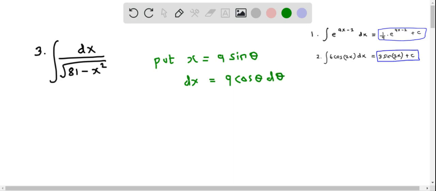And I'm also going to square this equation on both sides. So this becomes x squared equals 9 squared is 81, and the square of sine theta is sine squared theta. Now we will rewrite this integral using this substitution that we just made. So I'm going to replace the dx as 9 times cos theta d theta.